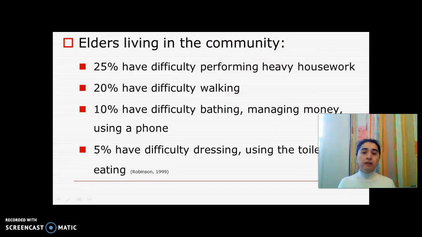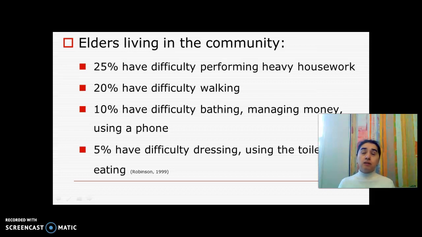There is a little bit of statistics. Let's take a look. Among elderly people who live in the community, so those who are not institutionalized, 25% have difficulty performing heavy housework. So cleaning and chores around the house should be done by somebody who is younger. 20% might have difficulty walking.